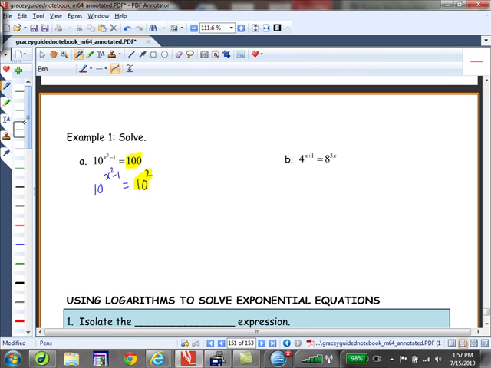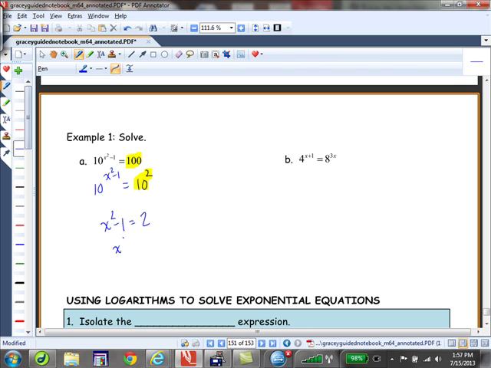Now what we do is we look at the powers, all right? So the powers, we now equate those. So x squared, if we have 10 on both sides as the base, then the powers have to be equal. So I equated the powers.